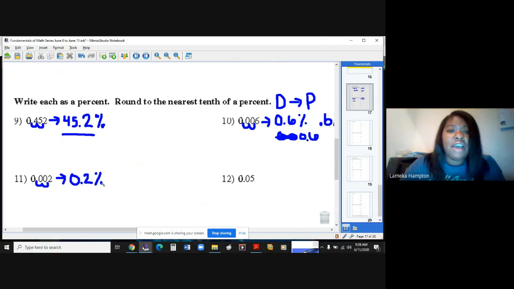Okay, so that's my final answer, 0.2%, or 2/10 of a percent. Or again, you don't necessarily need the zero if you don't want to have it there. You can just put .2 and then your percent sign. So either answer would be acceptable.